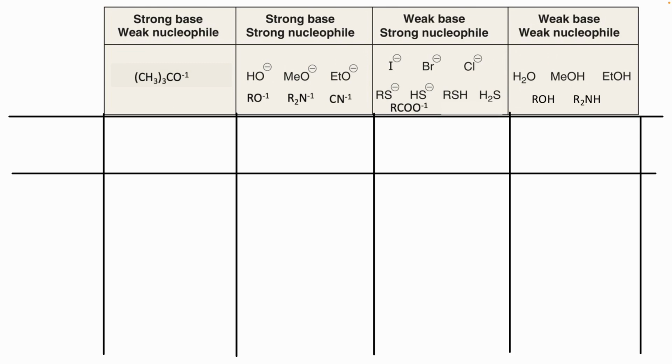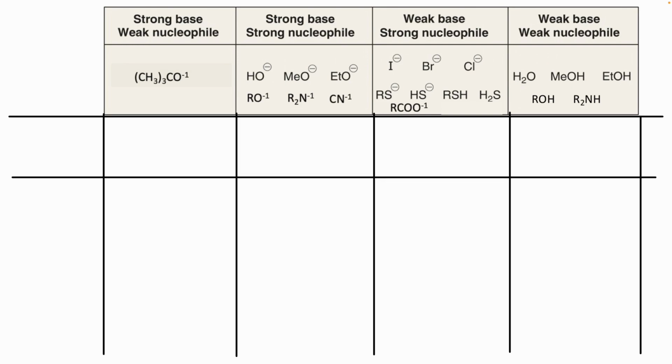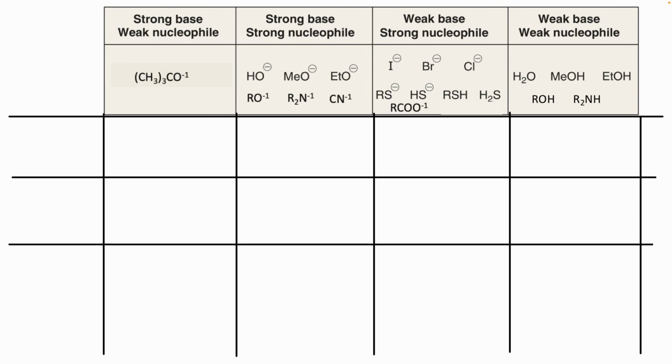All right, and each of these rows represents our different classification for our alkyl halides. So we're going to have one row for our primary alkyl halides, another for our secondary alkyl halides, and then a last category for our tertiary alkyl halides.